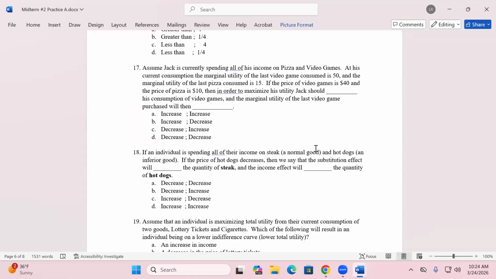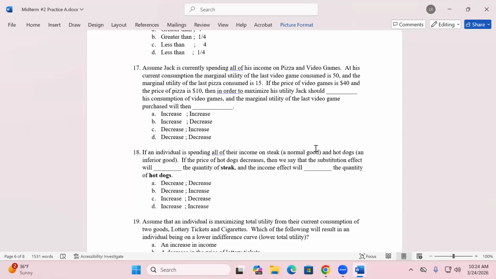What should be true is that the marginal utility per dollar I'm spending on both goods should be the same. I was told that the marginal utility of the last pizza was 15, the price was 10. Marginal utility of the last video game was 50, price was 40.